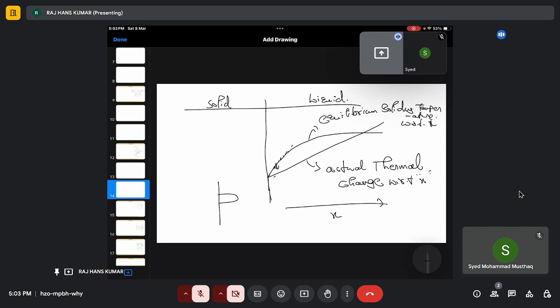And because of this change, there is an undercooling. Right? This is my undercooling. This is the undercooling that's been provided here. And because of this, these will grow. And this is called constitutional undercooling.